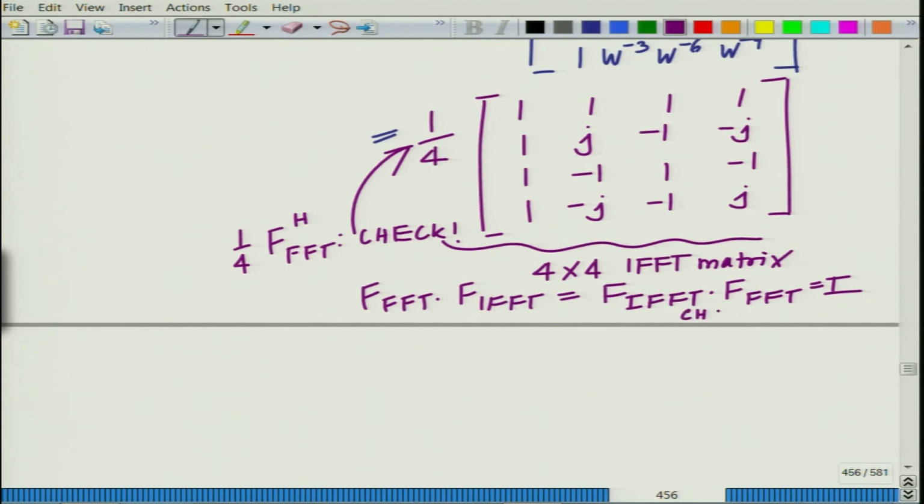Again, you can check these two propositions, which should be fairly simple for you to check.